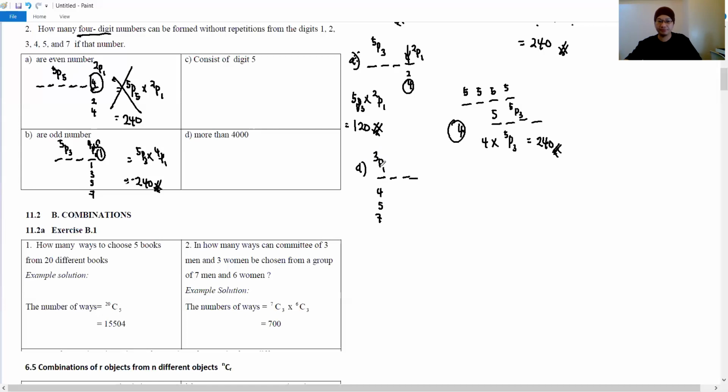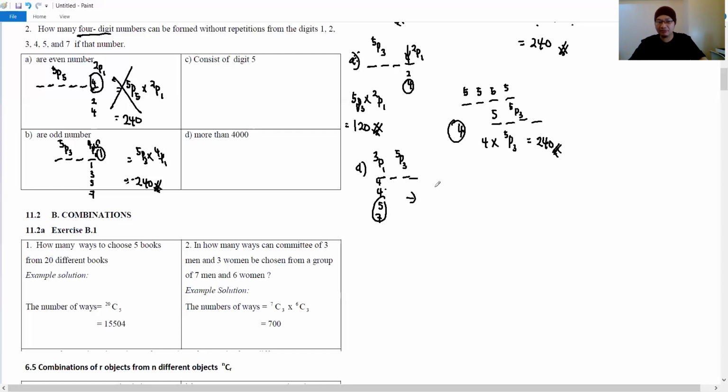So 3P1. Okay guys, next, let's say I choose 4 here. So what happened to the 5 and 7? The 5 and 7 go back to the pool again. See, I repeat again about the pool. And then the available numbers in our pool will be 1, 2, 3, 5, and 7. So 5 digits available. We want to sort in 3 places. So it will be 5P3.